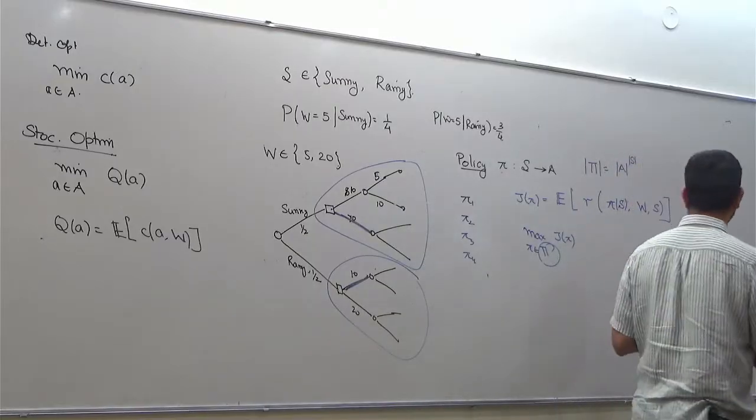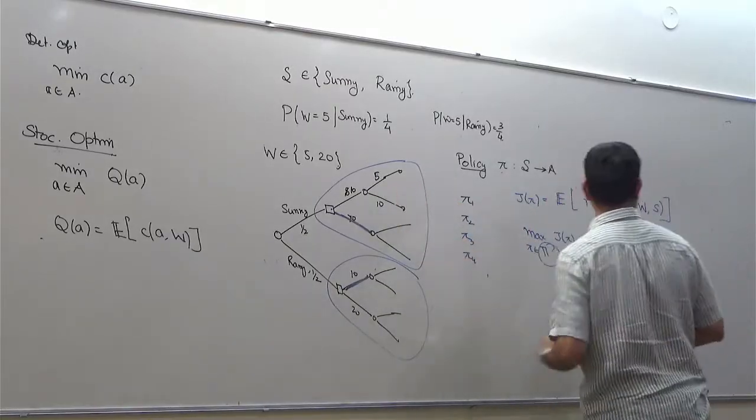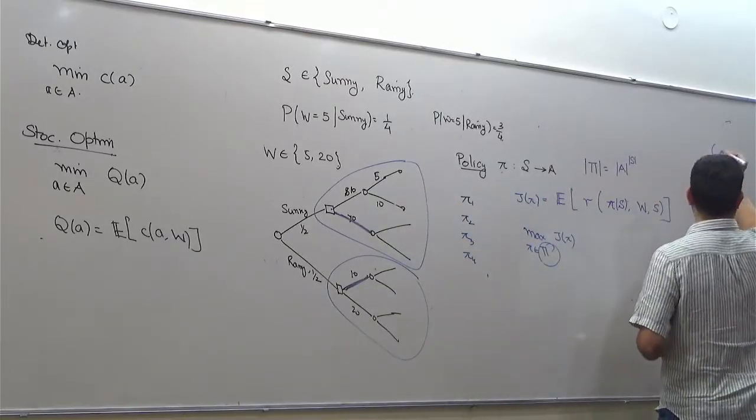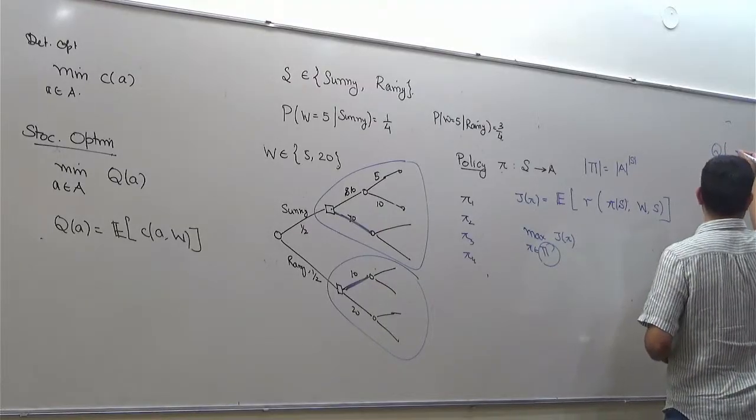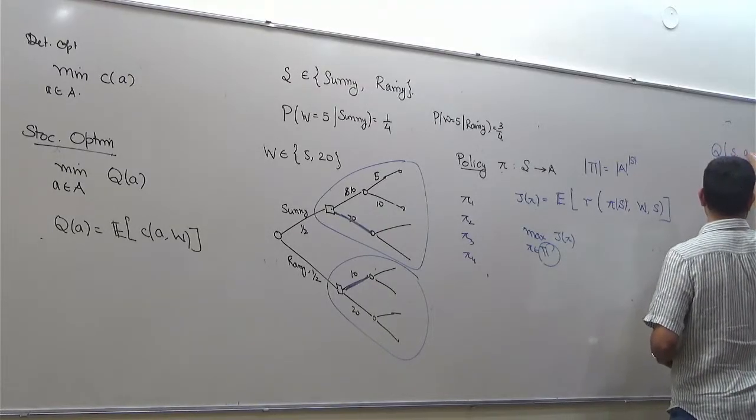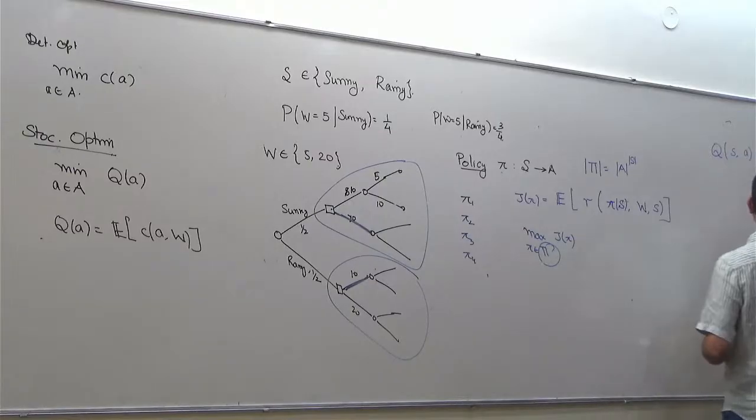So at the last but one layer, I'm going to compute a function which I'll call Q of S and A. And this is going to be the expectation of, in this problem, R of A, W, and S, conditioned on big S is equal to little s.